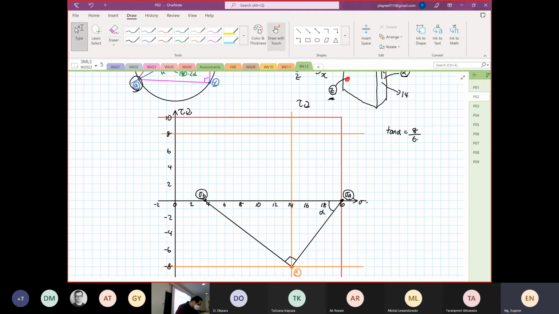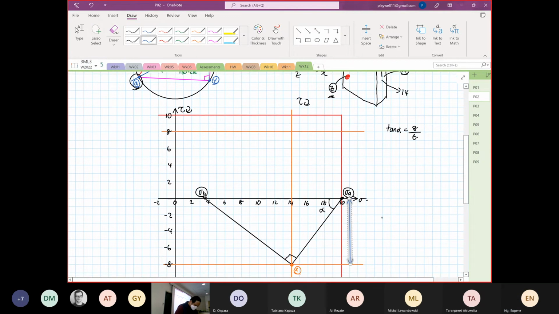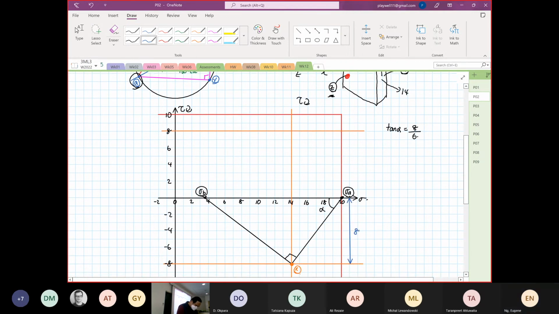Why 8 divided by 6? Because this height over here is our 8. This distance over here is equal to 6. So alpha is equal to inverse tangent of 8 divided by 6, which is 53.13 degrees.